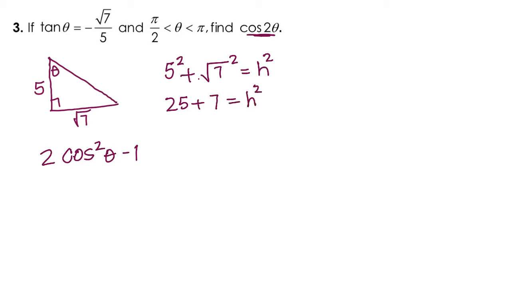So that's going to be the square root of 32. And the square root of 32, that's going to be 4 root 2. That's going to be our hypotenuse.